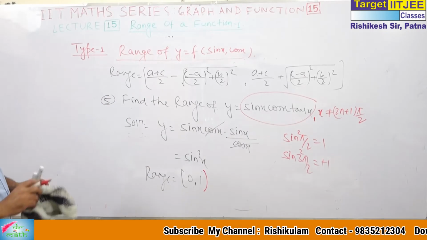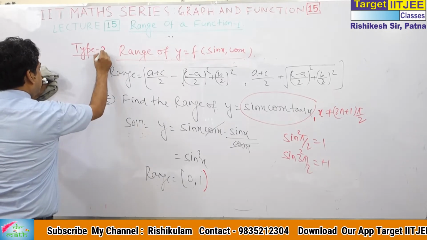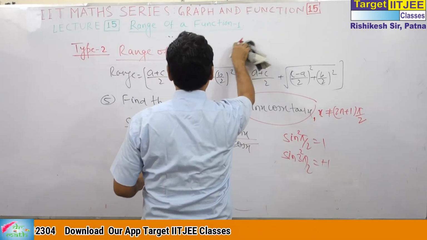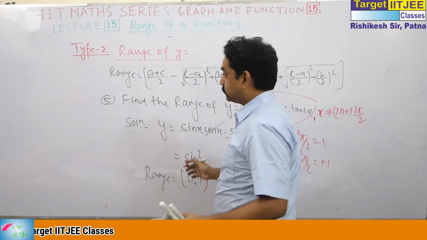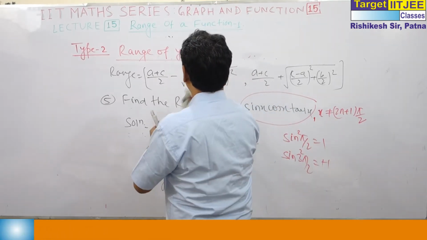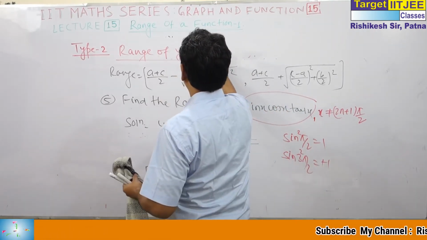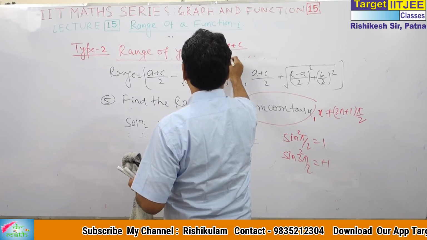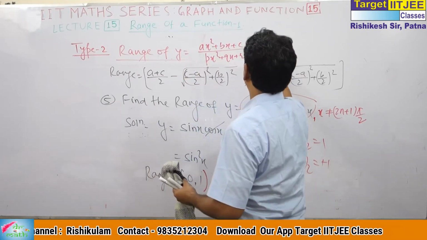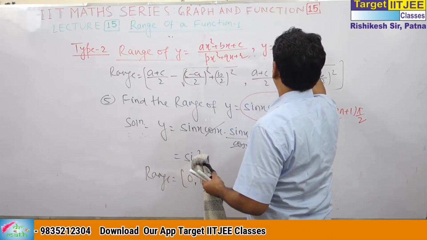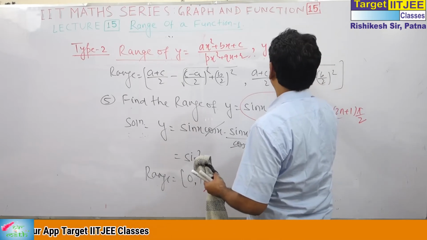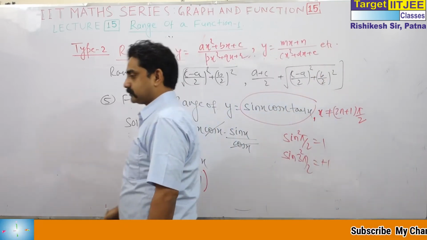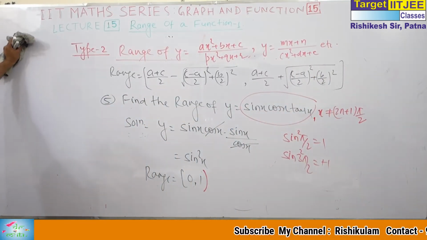Okay. Now, let me come to question type 2. Range of y is equal to, you can say like this, (ax square plus bx plus c) upon (px square plus qx plus r), or sometimes it may be (mx plus n) by (cx square plus dx plus e), etc. Type 2 means range of algebraic expression of this type.